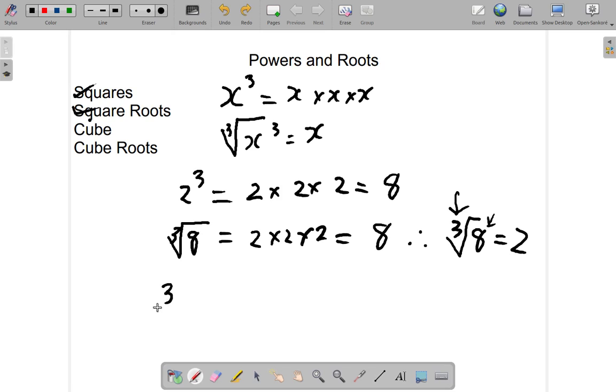What about negative 8? What's the cube root of negative 8? When we're doing square roots, you found that we were not able to find the square root of a negative number. Now, can you find the cube root of a negative number? Let's try. The cube root of negative 8 must be 3 of the same numbers.